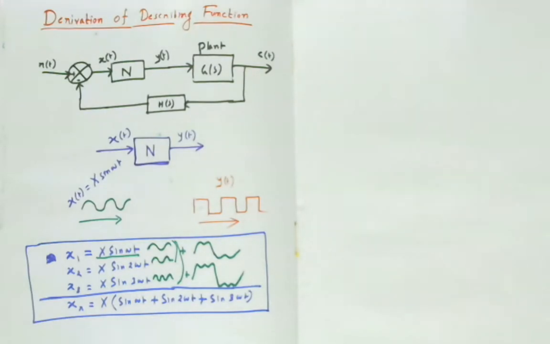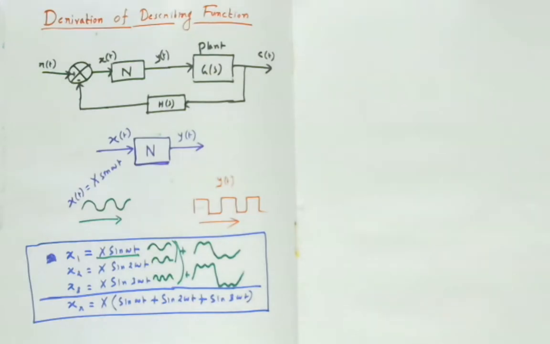As I've said to you already, the waveform may not be a square waveform, it may be a triangular waveform, but it must be periodical. The shape of the waveform depends on the type of nonlinearities, but you can apply Fourier series to any periodical waveform.